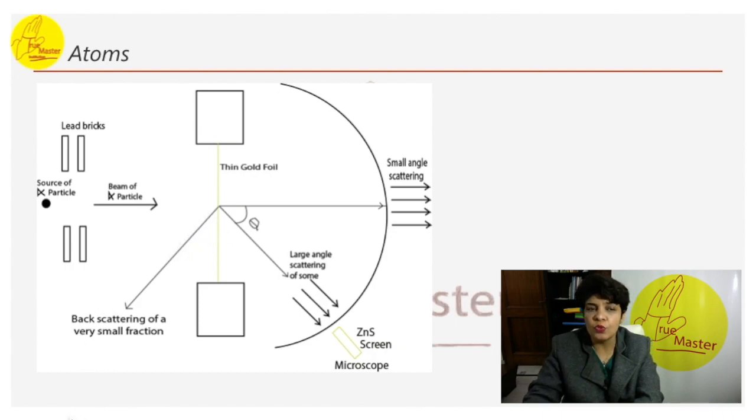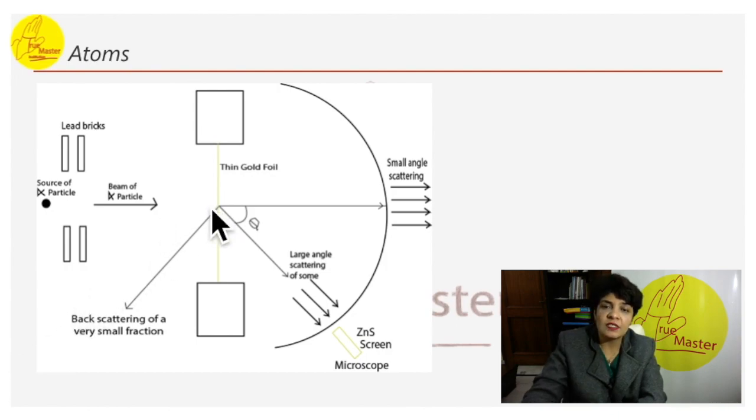This shows most of the space is empty, because most of them are scattered here and there, but very few of them are taking a U-turn. It means the space is empty. The closest that the particle can reach is called the distance of the closest approach.